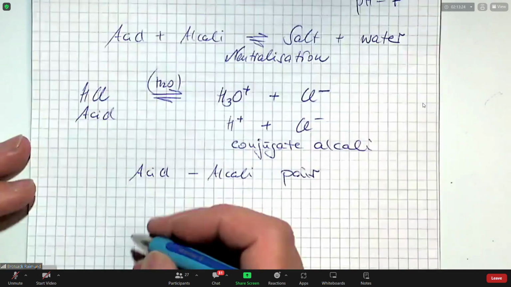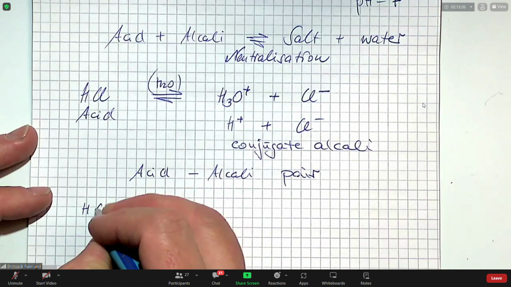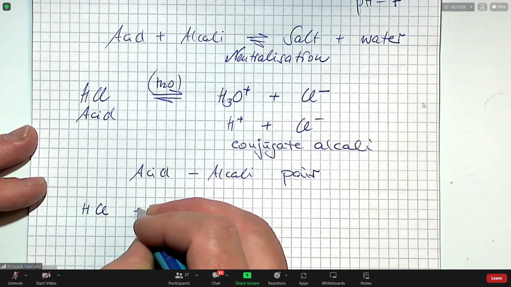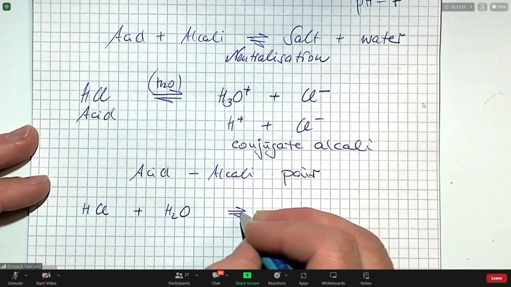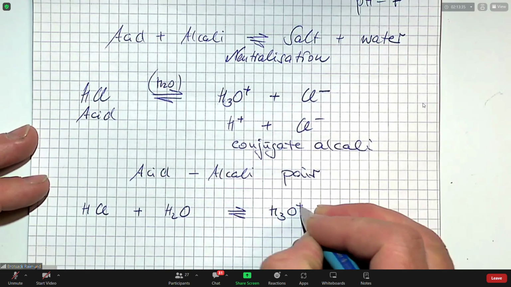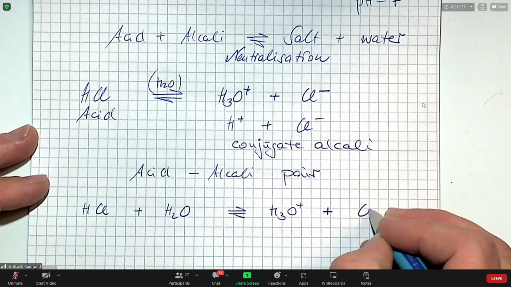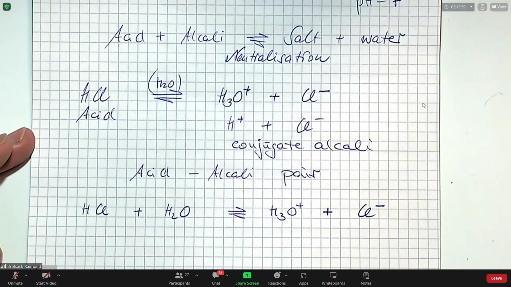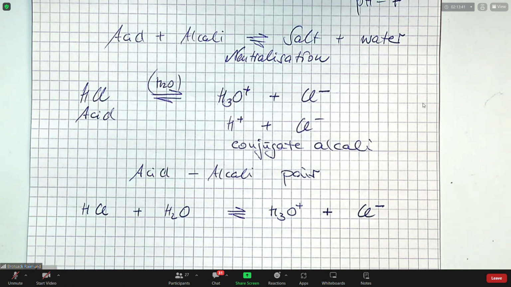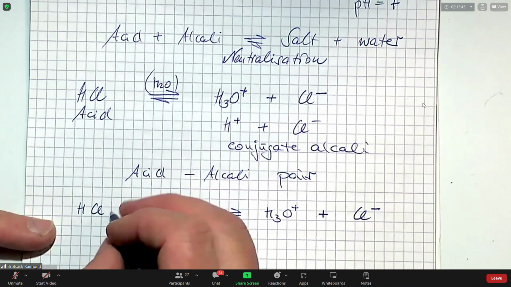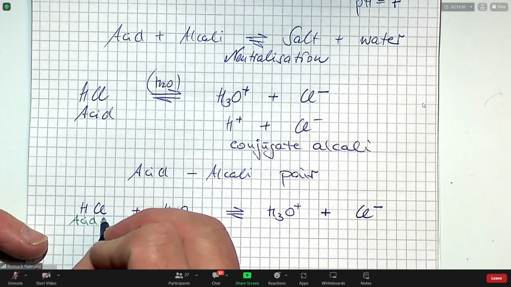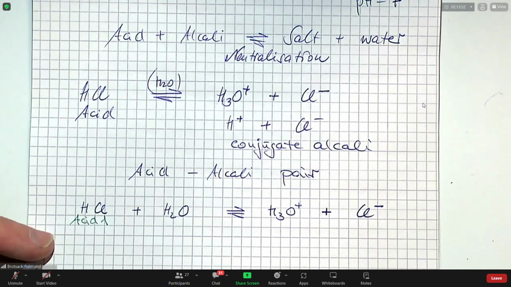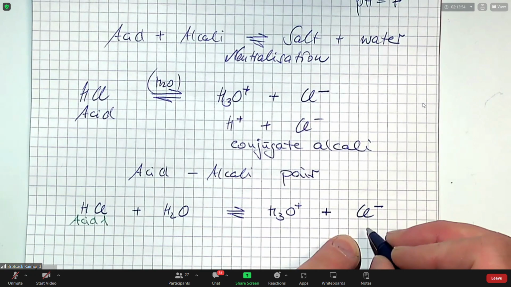Or in a more general way, we have the HCl and we have H2O forming now H3O plus plus Cl minus. This is now what we already did, I think, last week once in an example. That's the acid 1. And that is the conjugate alkali 1.